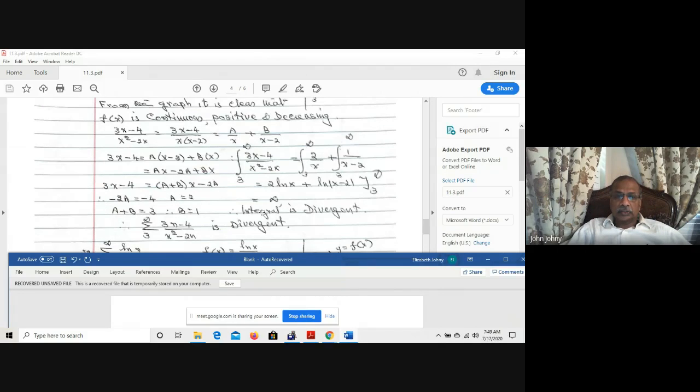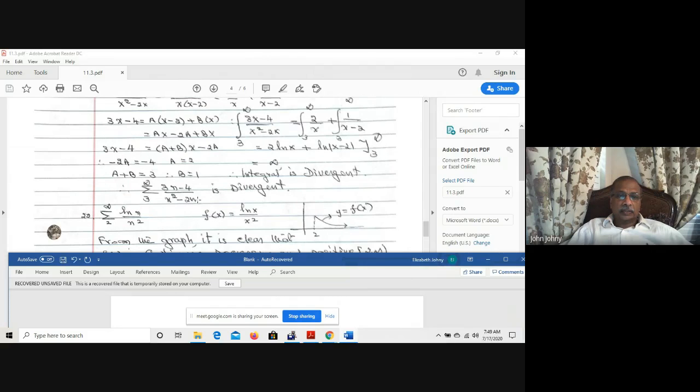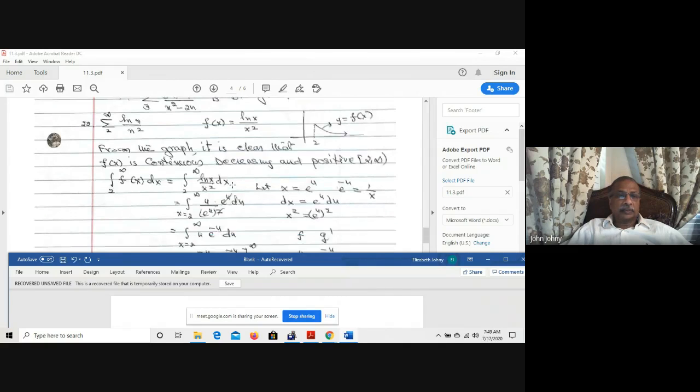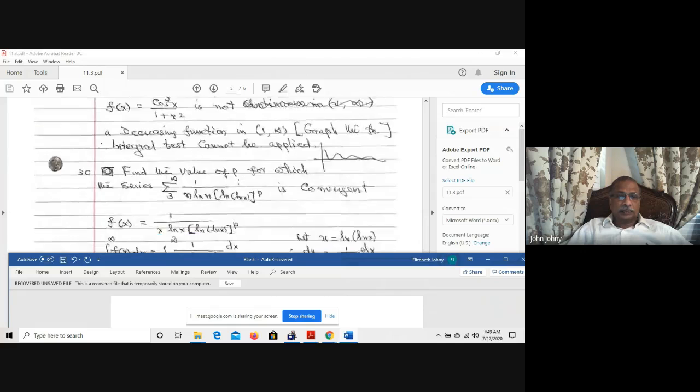And this is 2 times natural log of infinity plus natural log of infinity at the upper limit, so it is infinity. The integral is divergent because it's infinity. Therefore, the series from 3 to infinity of (3n minus 4) divided by (n squared minus 2n) is divergent. Number 22.